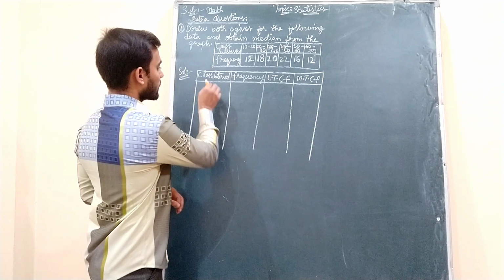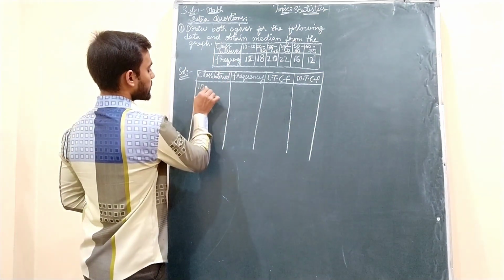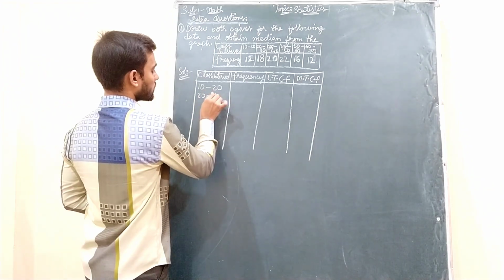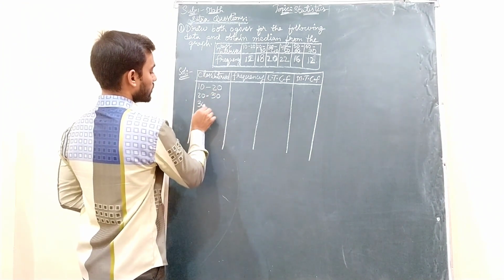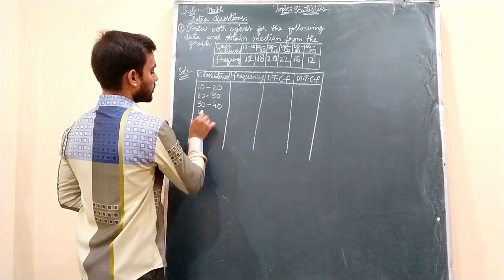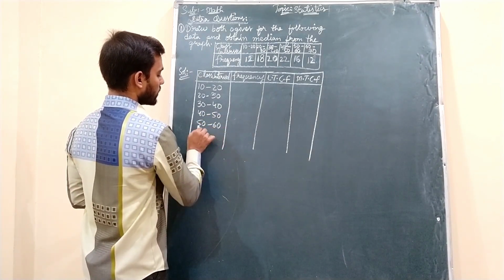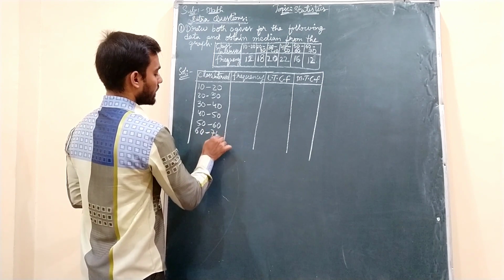Okay, so class intervals we will copy from the question itself: 10 to 20, 20 to 30, 30 to 40, 40 to 50, 50 to 60, and the last one is 60 to 70.